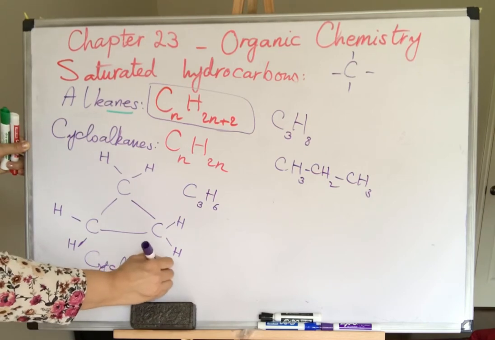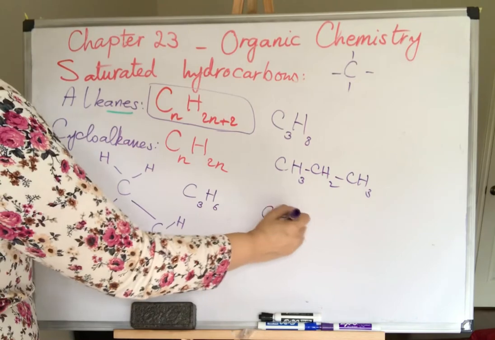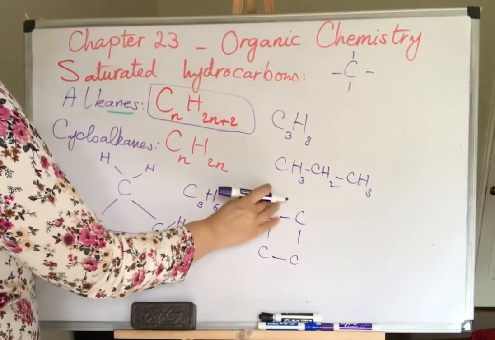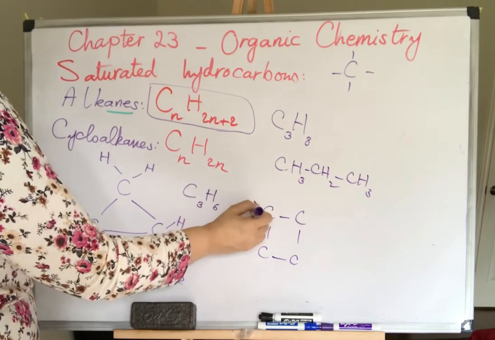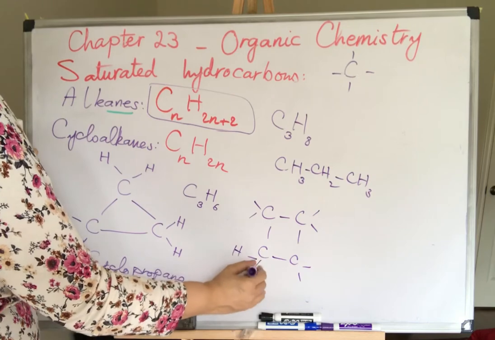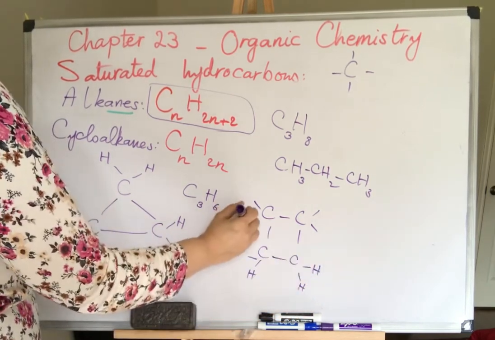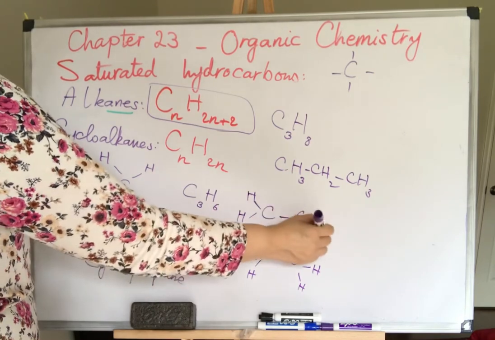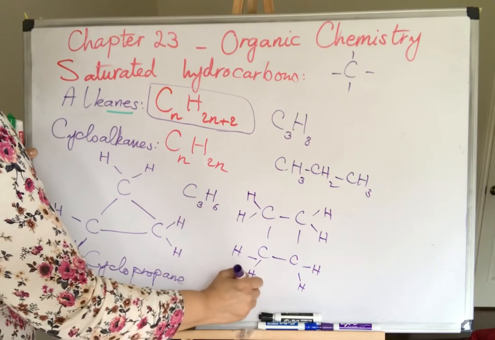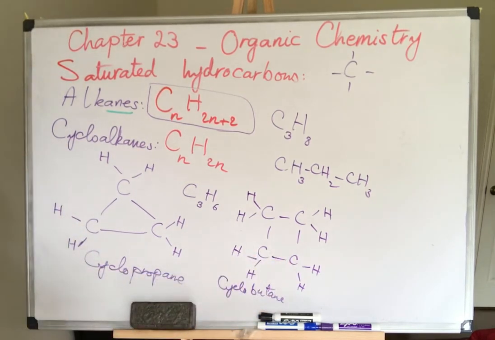The next, the larger ring will have 4 carbons or 4 members, and each one has 2 hydrogens. So if you had a straight hydrocarbon with 4 carbons, you would have named it butane. Now you call it cyclobutane, and so on, cyclopentane, cyclohexane.